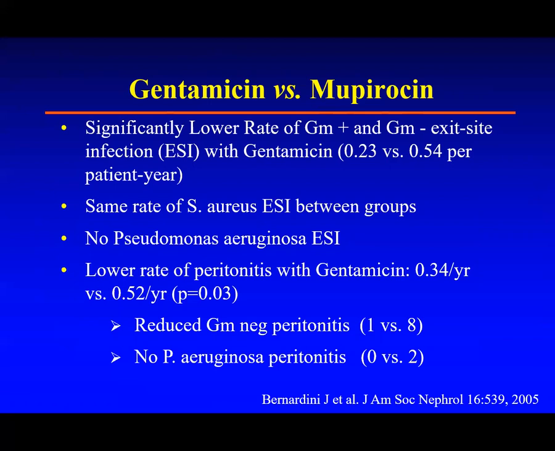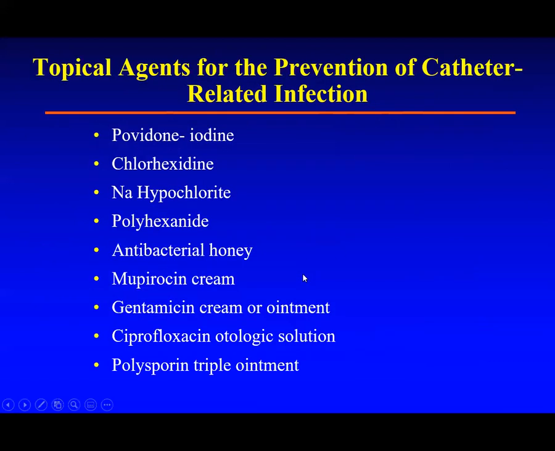There was the same rate of Staph aureus exit site infection, but importantly, as shown in the last bullet, there was a lower rate of peritonitis with gentamicin, 0.34 per year versus 0.52 per year. And this was true for gram-negative peritonitis as well as gram-positive, and there was, importantly, no Pseudomonas.